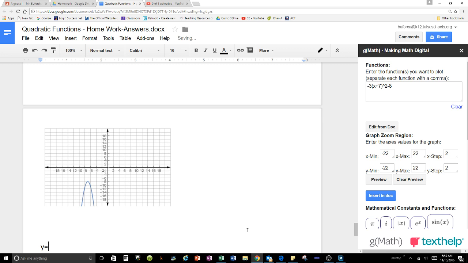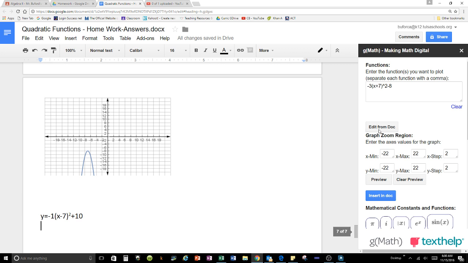So come into here. We've got y equals minus 1, (x minus 7) squared, plus 10. And if we change our numbers up here, it'll be a minus 1, x minus 7, and we've got a plus 10 here.